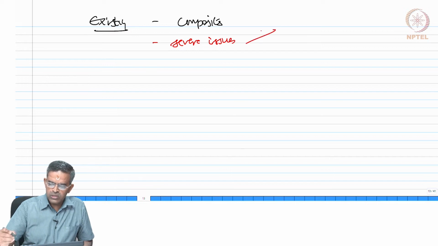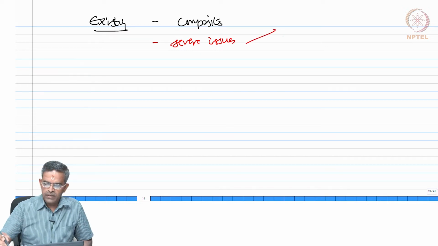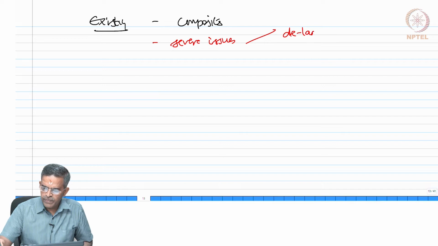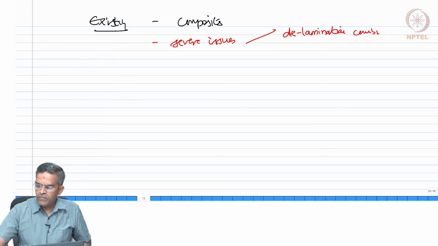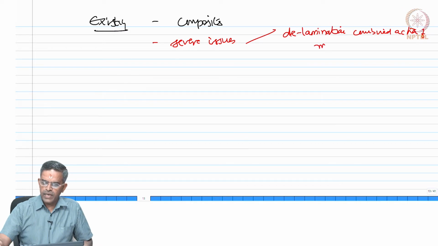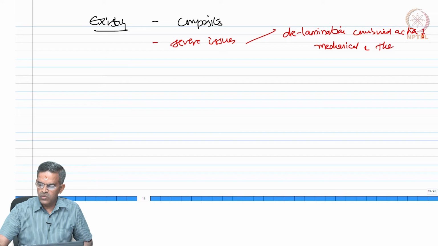One of the foremost severe issues is delamination under the combined action of mechanical and thermal loads.